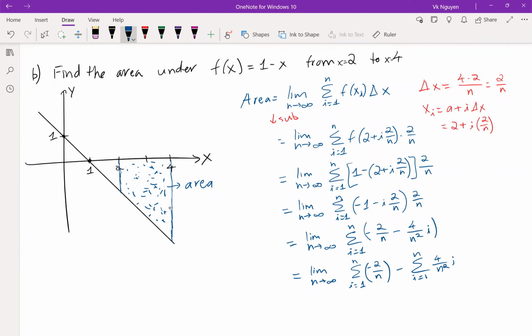Same thing here. I'm going to pull out the negative 2 over n and the 4 over n squared because they have nothing to do with the summation. So limit n goes to infinity, negative 2 over n summation i equals 1 to n of 1, minus 4 over n squared summation i equals 1 to n of i.